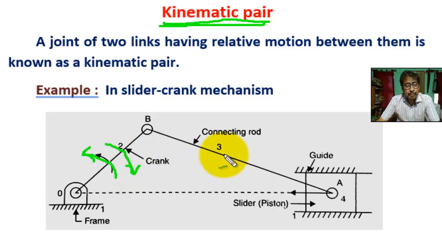Link 3 is having motion relative to link 4. Link 4 means slider and piston. Also link 4 is having motion relative to link 1. Link 1, this is fixed part, this is fixed part, this is considered a link 1.